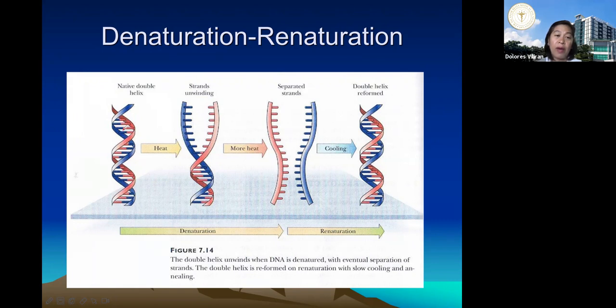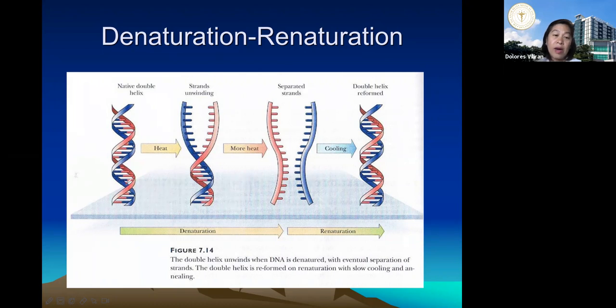And in a native DNA, the bases are covered, so expect that there will be less absorbance. But after heating, when the DNA is completely separated, the bases will be exposed. They have more chance to absorb light using the spectrophotometer, so expect that the absorbance reading can increase. And this is what you call the hyperchromic effect, okay?